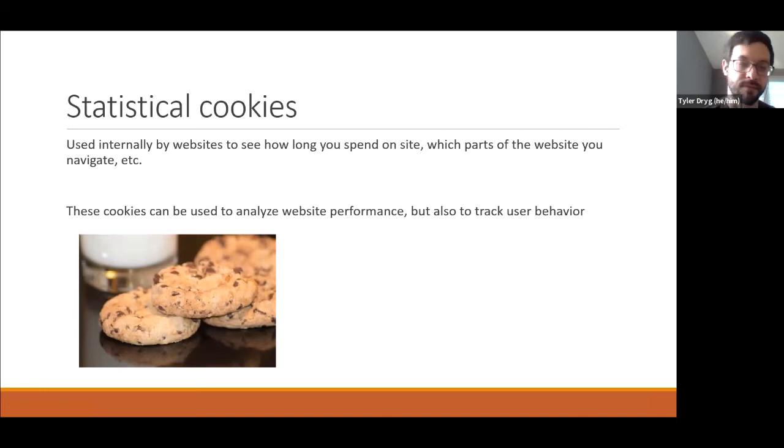And then other kinds of information like that to measure website performance and analyze how users are interacting with their website. So like I said, these types of cookies can be used to analyze website performance, but they can also track user behavior, and we'll come back to that later in the presentation.